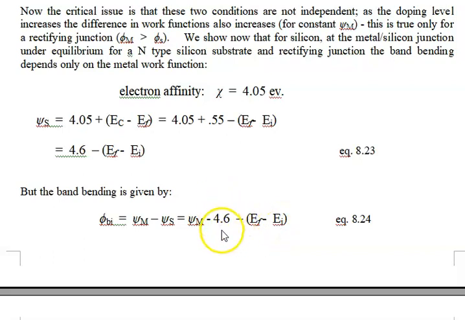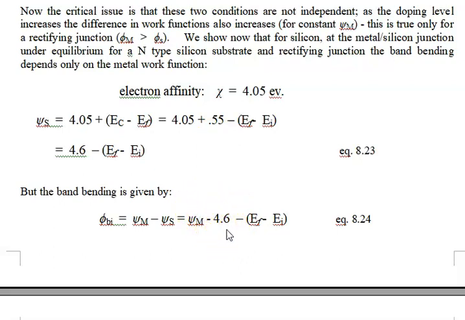And for silicon, which has a silicon work function of 4.05, and this is E_g over 2, 0.56, we get this rather interesting number, 4.6.